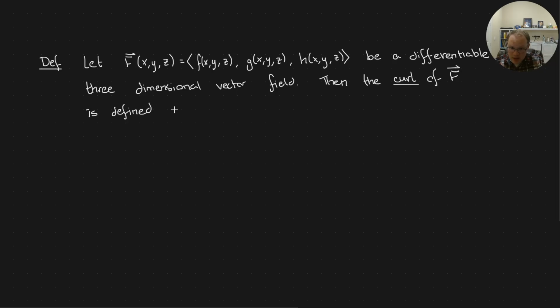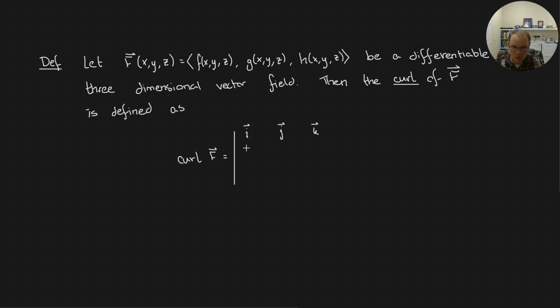is defined as, now the curl is a little more complicated to write than the divergence, but we have a way to help us remember. It'll probably look familiar. So the curl of F is equal to, we're going to take the determinant of a matrix where the first row is i, j, k.